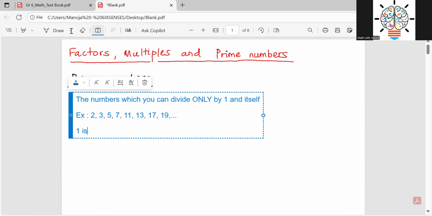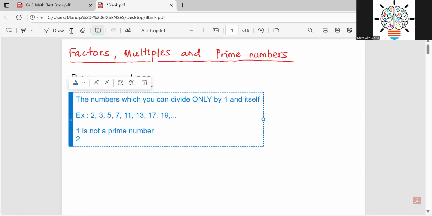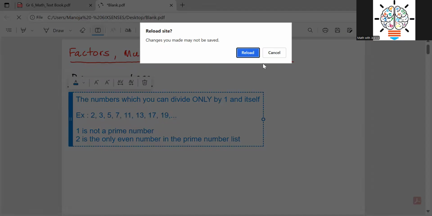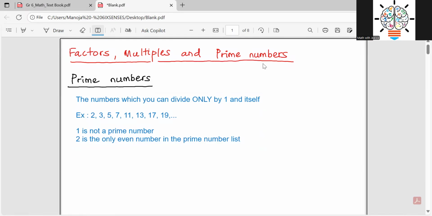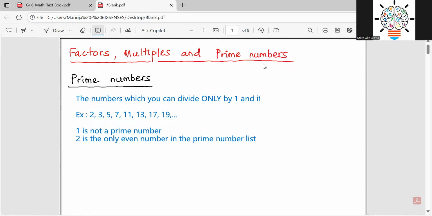And 1 is not a prime number, okay? 2 is the only even number in the prime number list. These are things you need to understand. Then I will show you how we can learn this with examples.